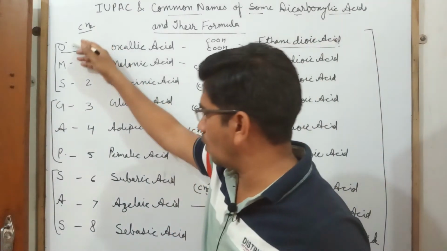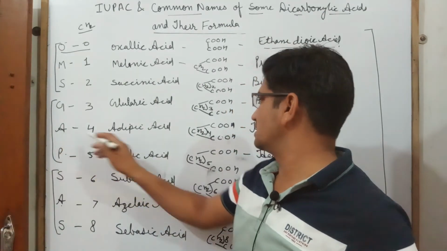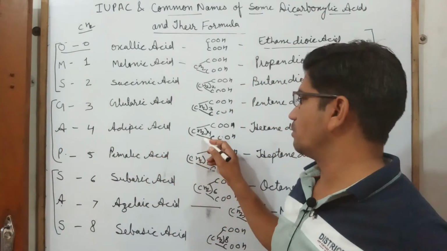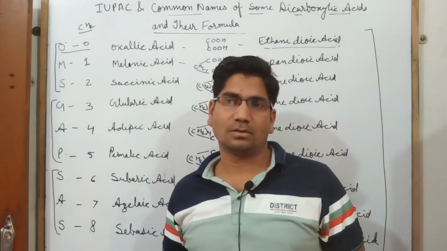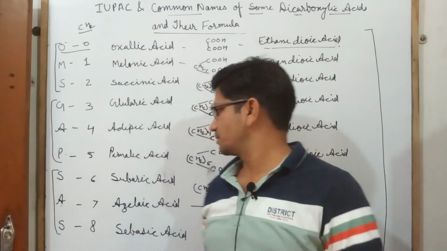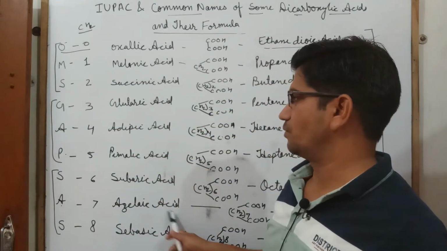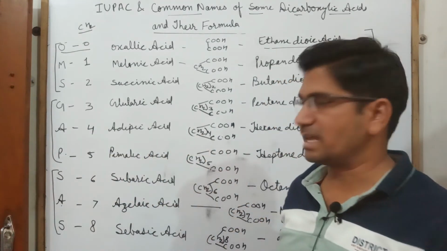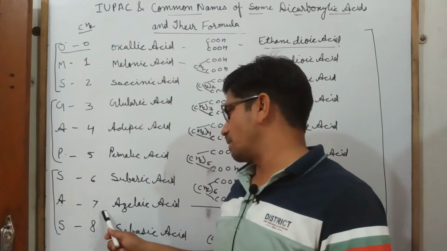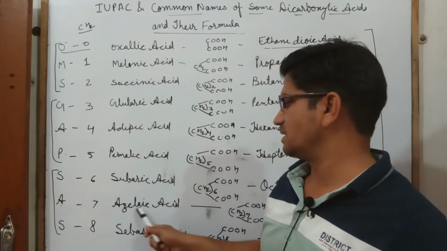If you learn the formula Ohm's gap SAS, then the first A means adipic acid, where the number of CH2 will be 4 and the total carbon is 6, and it is used for forming nylon 66. The other A is for azelaic acid, where the total number of carbon is 9.